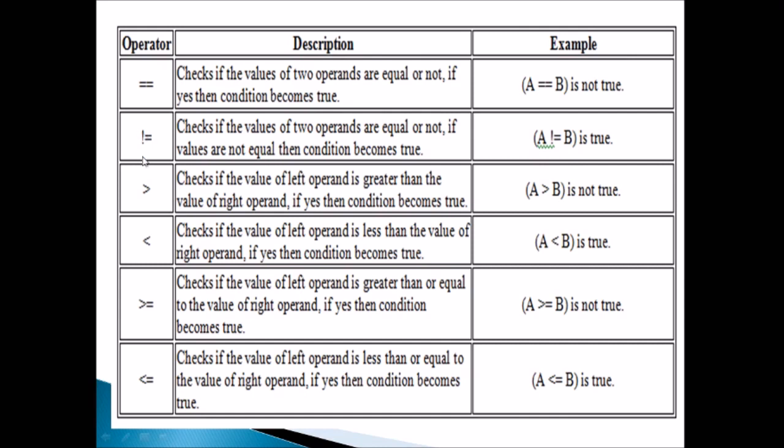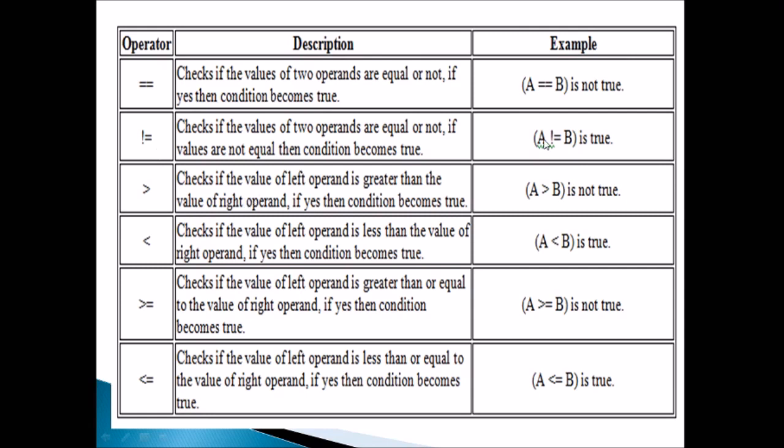Next operator is not equal. So this symbol is called not equal. It checks if the values of two operands are equal or not. It does the same as double equal, but double equal says true when both operands or conditions are same, whereas not equal is going to tell true when both the operands or conditions are not equal.